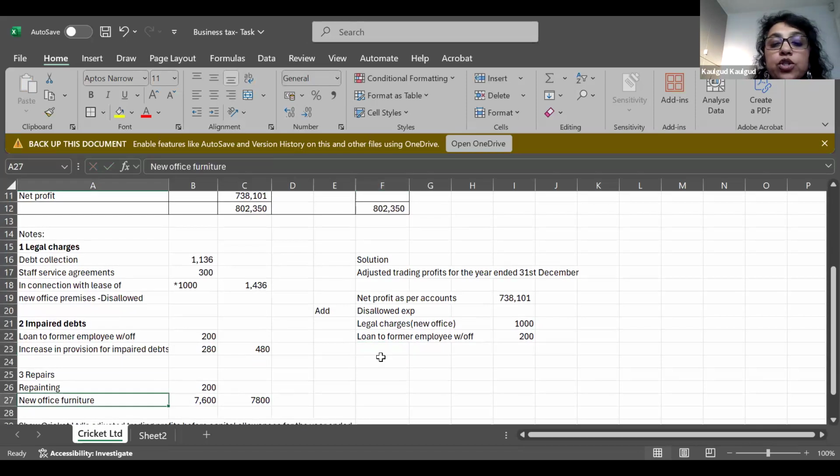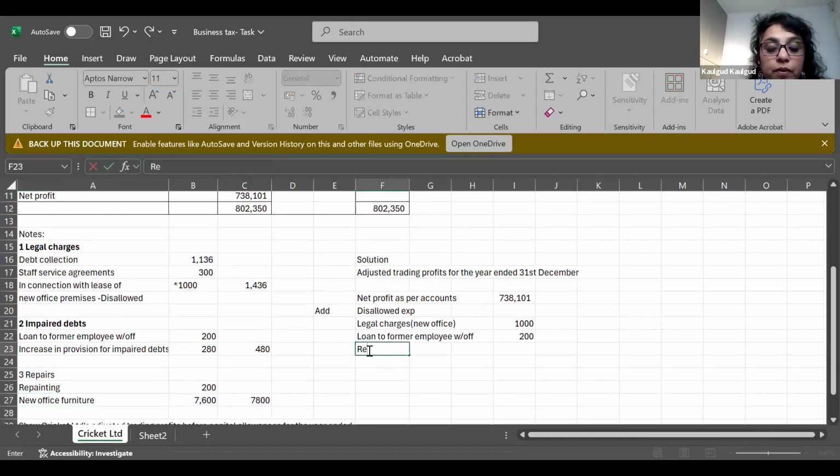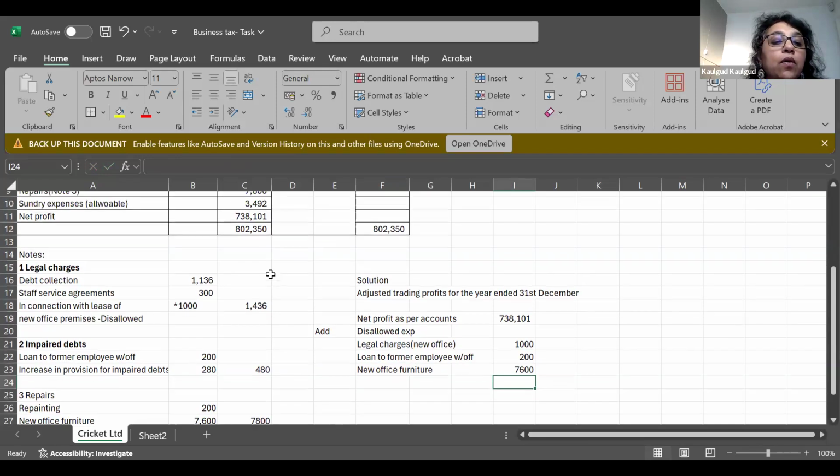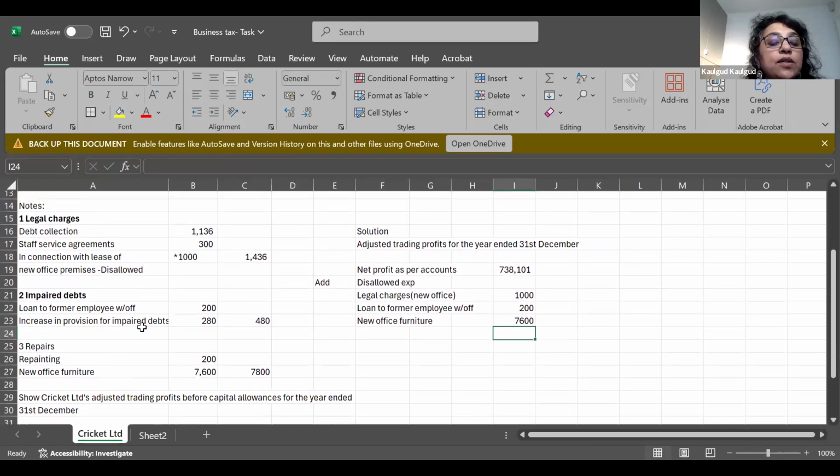Repairs to new office furniture, that is 7,600 disallowed. We still have to go up, but we just took all these into account.